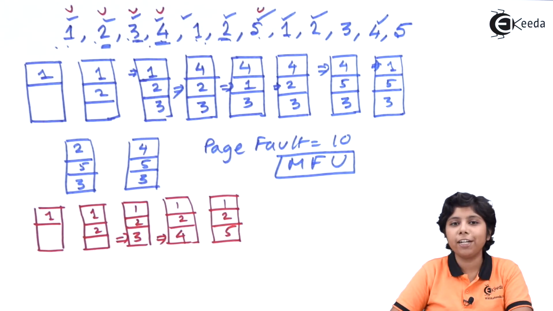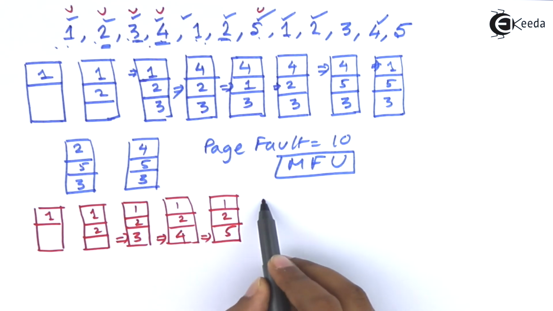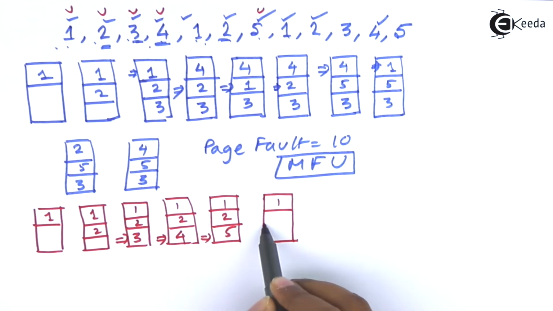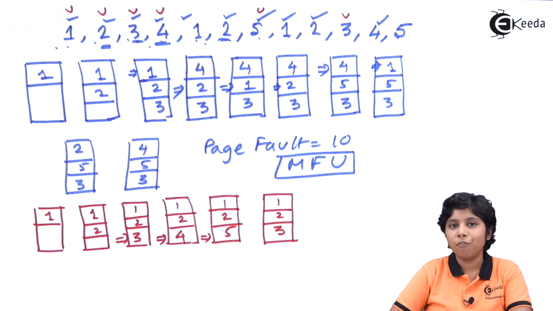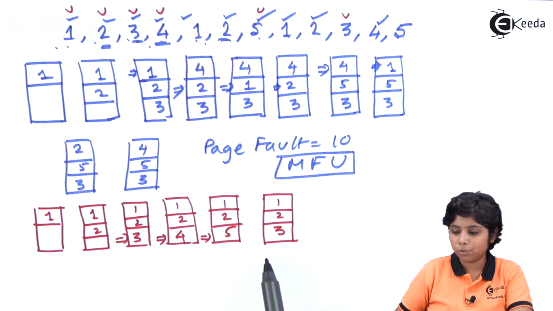Now again for 1 and 2 it will not cause a page fault. Now when 3 is coming, again 5 is the one that is least frequently used, so 5 will be replaced with 3. Now when 4 is coming, we need to check between 1, 2 and 3.